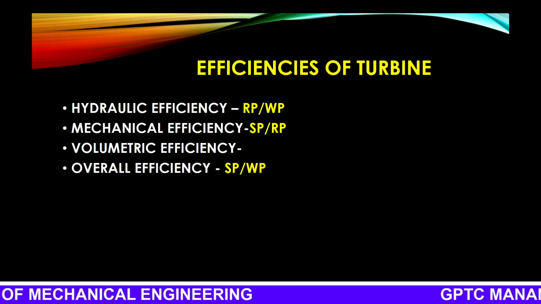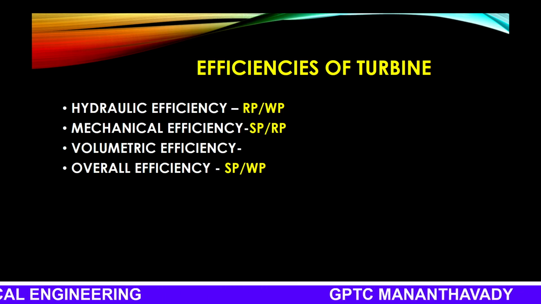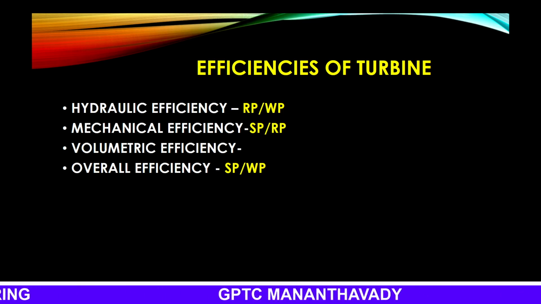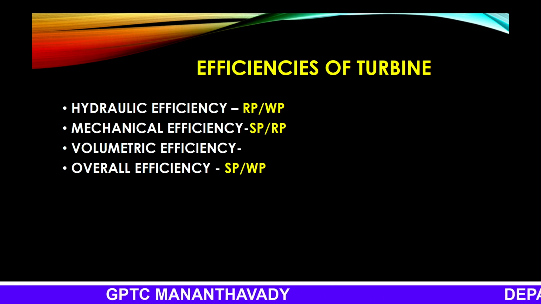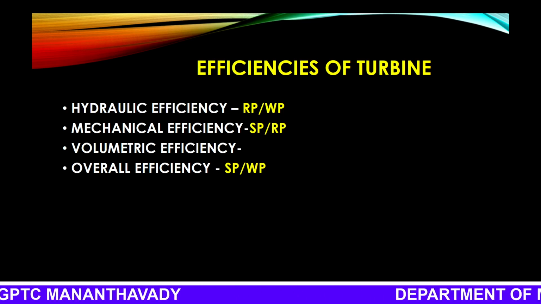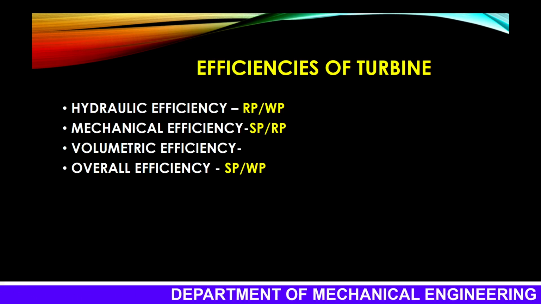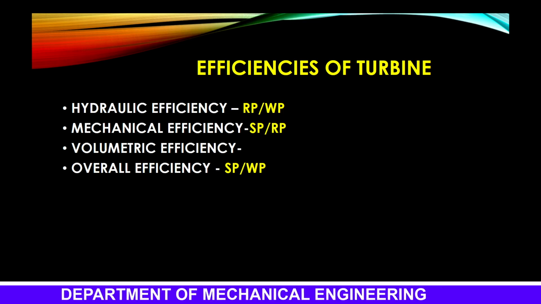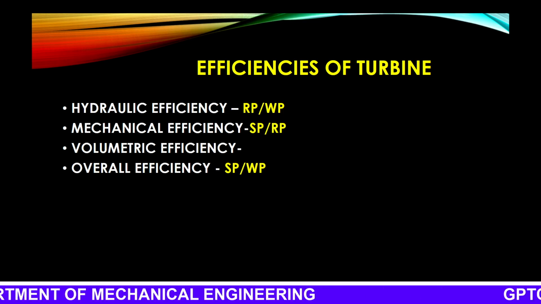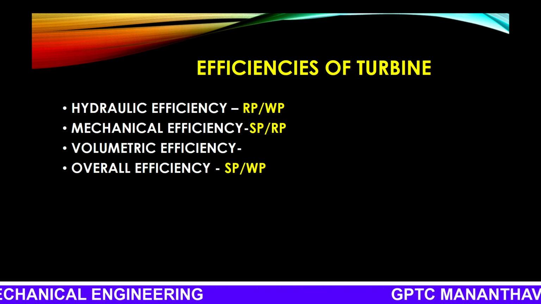For example, Y units of water are released out. So the water actually striking the runner will be equal to X minus Y units. But we supplied X units, and X is always greater than Y. So there will be losses. This is known as volumetric efficiency.